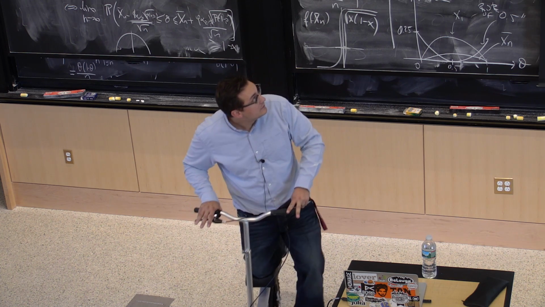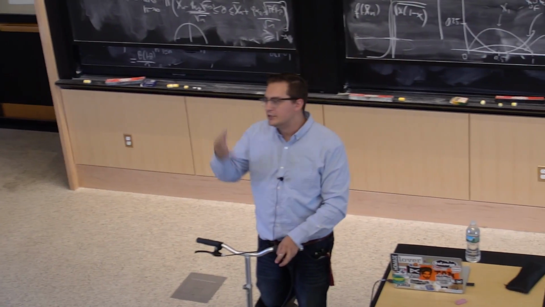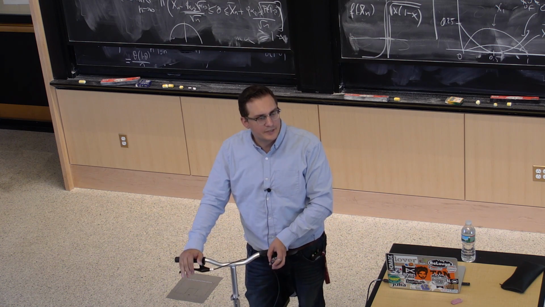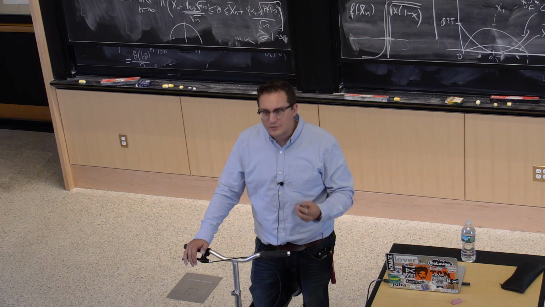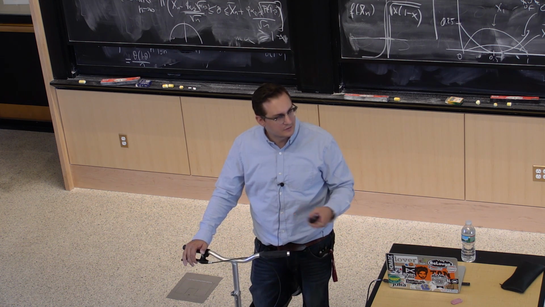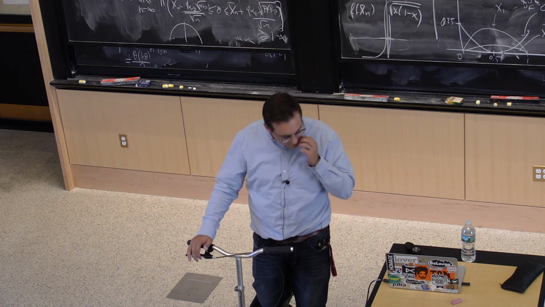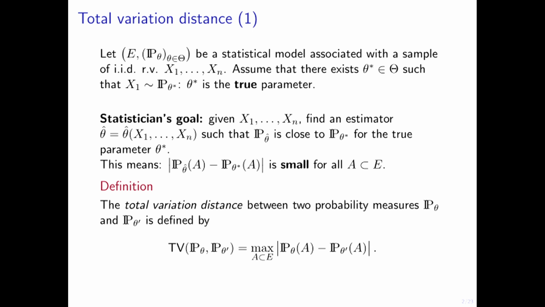OK, so before diving directly into the definition of the likelihood and the definition of the maximum likelihood estimator, what I'm going to try to do is to give you an insight for what we're actually doing when we do maximum likelihood estimation. So remember, we have a model on a sample space E and some candidate distributions P theta.